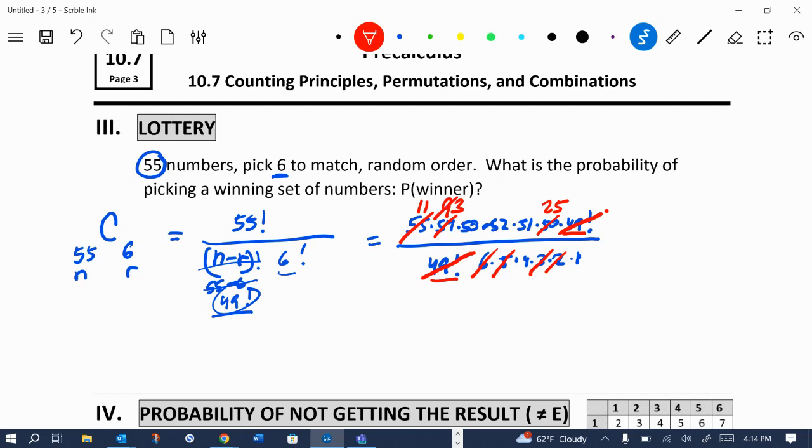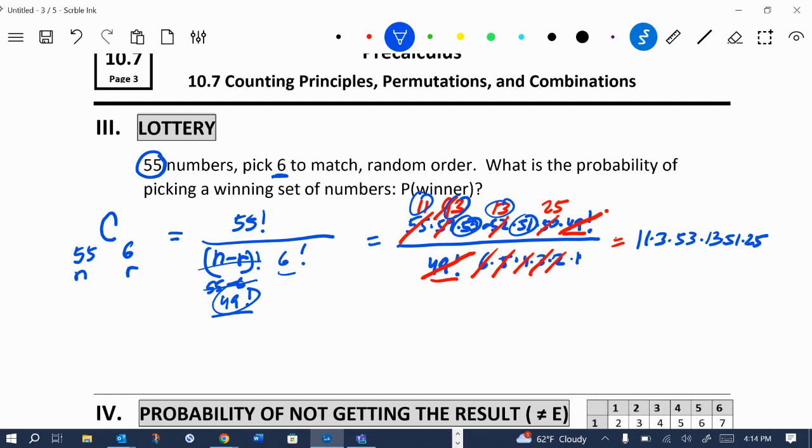And then we can do 4 goes into 52 13 times. So we have now, let's see, there's an 11 and there's a 3. And then there's a 53, never got touched, and a 13, and a 51, and a 25.